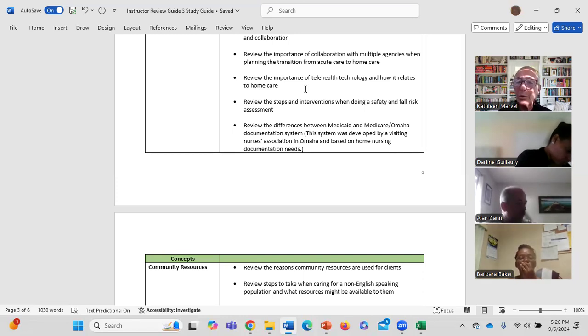Okay, the big differences between Medicaid and Medicare. Remember, Medicare is for 65 and older or any age with disability, right? And Medicaid is based on financial needs, income based. But remember, Medicare is very much involved in home care.